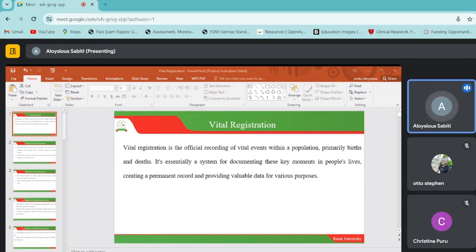Secondly, vital registration helps us support disease surveillance, maternal and child health monitoring, and identifying risk factors for specific health issues.